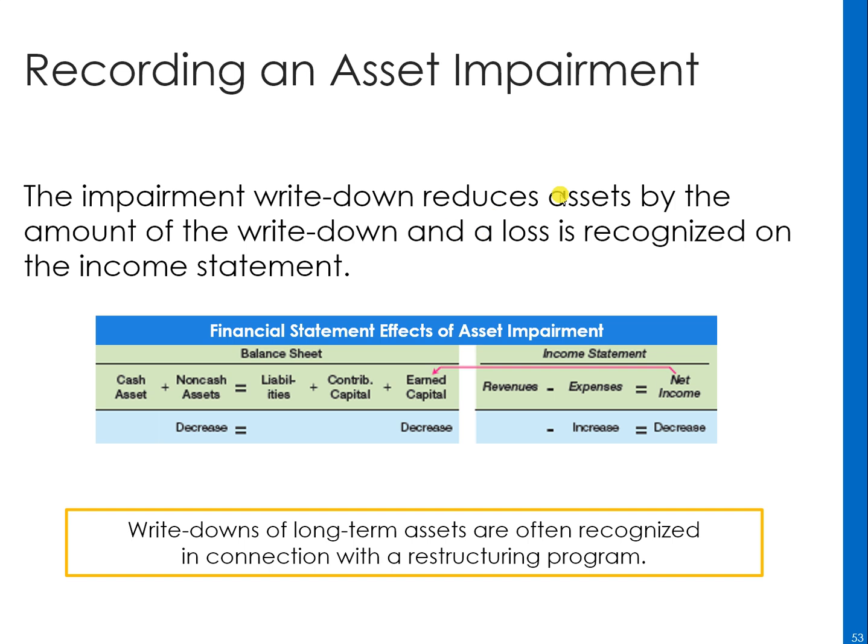For example, for the truck, if we determine that it is impaired because maybe its parts have been broken, something like that, it cannot provide the intended benefit. We debit the asset impairment loss, and we reduce the book value of that truck. Instead of reducing the cost of the truck, we increase its accumulated depreciation. It's going to reduce the book value of the truck, so we credit accumulated depreciation, truck. That's the journal entry to record.